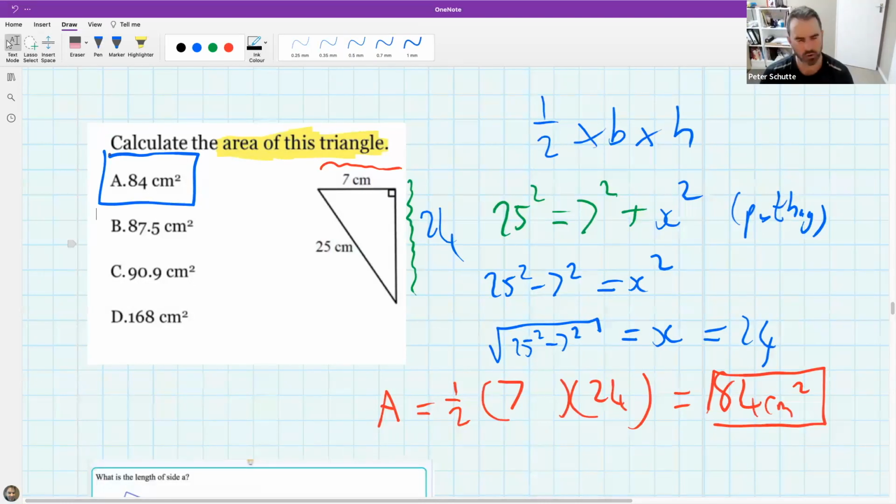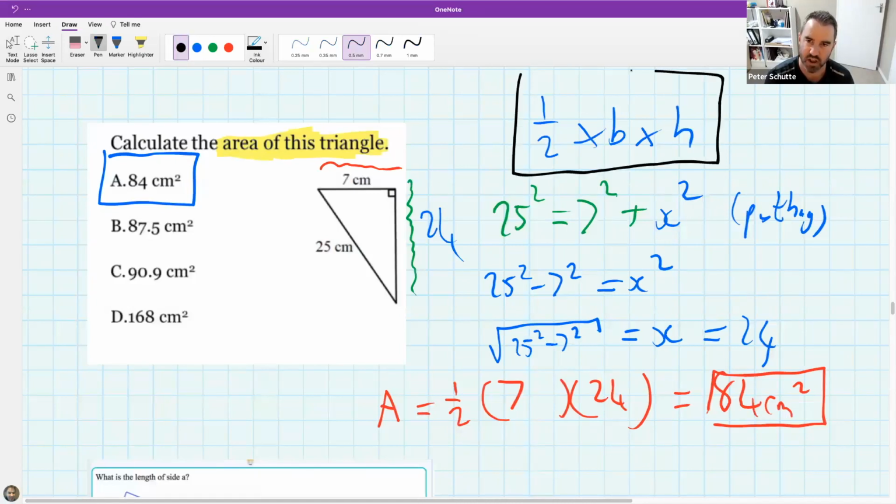Are there any questions or comments about that? I don't want to lose you. So there were 2 important ideas. To find the area of a triangle, we first remembered that the area of a triangle is half base times height, but the base and the height have to meet at the right angle. And so we had to use Pythagoras first to work out the length of the height of this triangle.